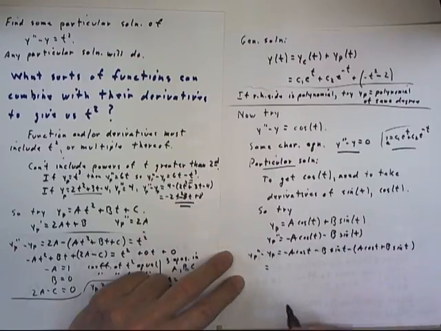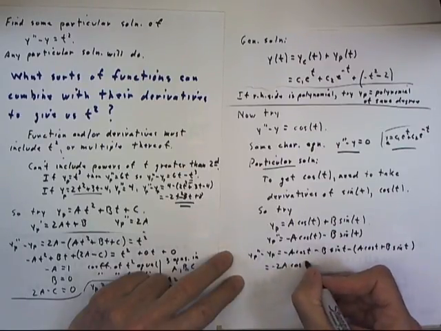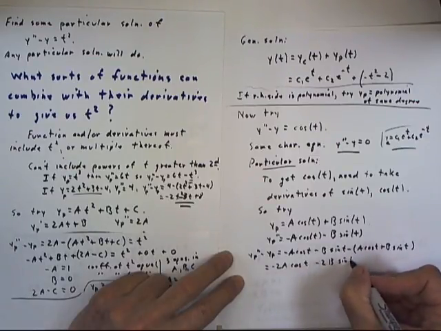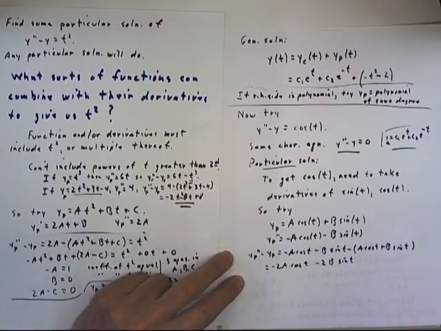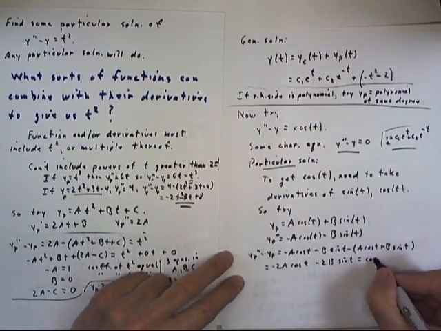When we collect terms, we simply get negative 2a cosine t minus 2b sine t. And that should equal our right-hand side, which is the cosine of t.